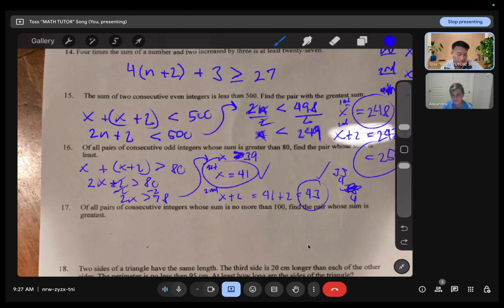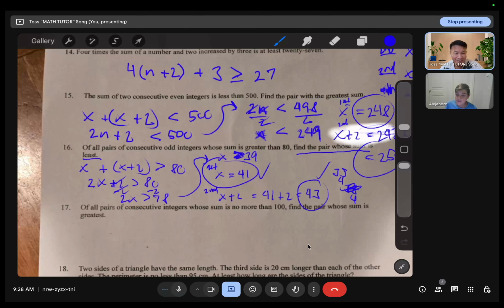If you read the part where it says find the pair whose sum is least, it means the least sum that is going to be greater than 80 with two consecutive odd integers that you can find. This is the most going on, right? But it's exactly that.